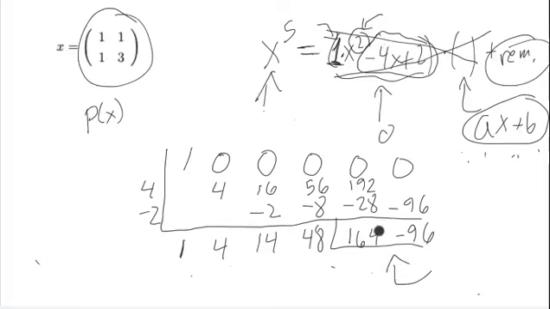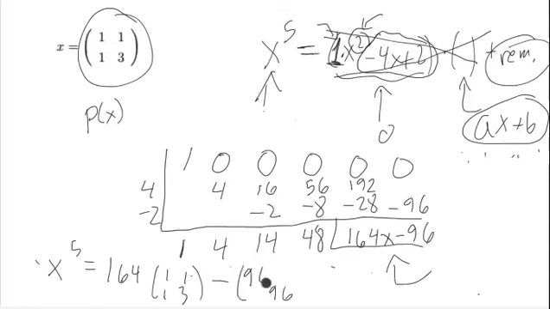This remainder can be thought of as 164x minus 96. So that tells us right here that to find x to the 5th, we could say 164 times our matrix, 1, 1, 1, 3, and then we can say minus 96, thought of as a matrix, is 96, 96, down as a diagonal like that. Okay, so that's what x to the 5th is.